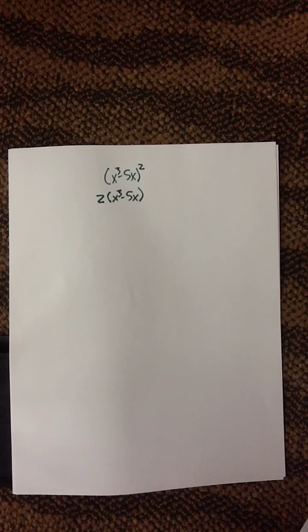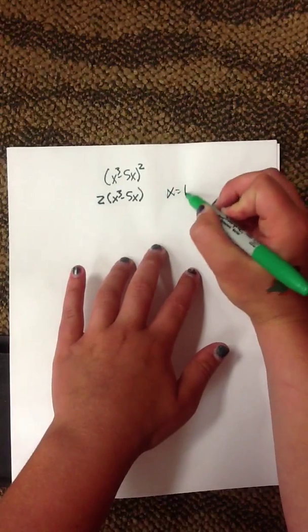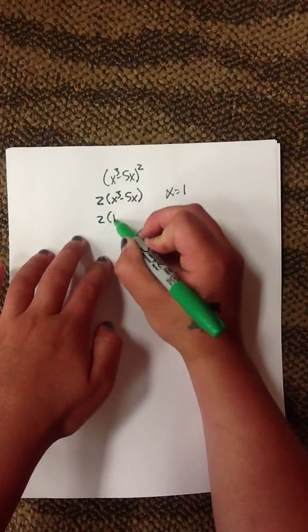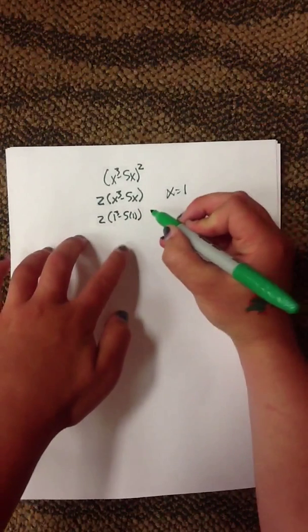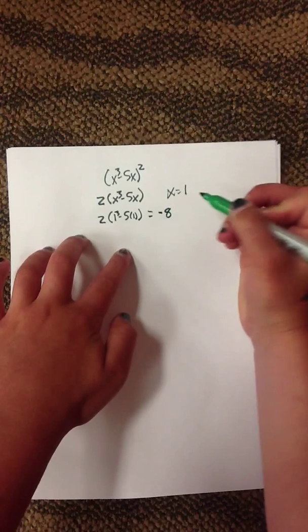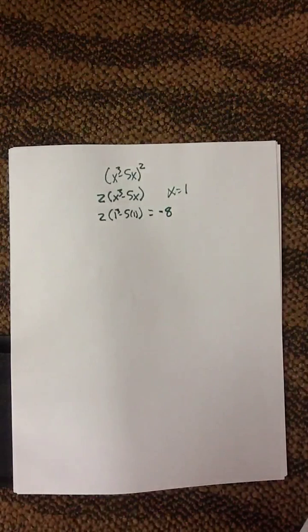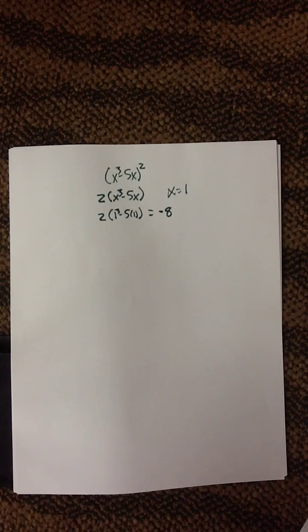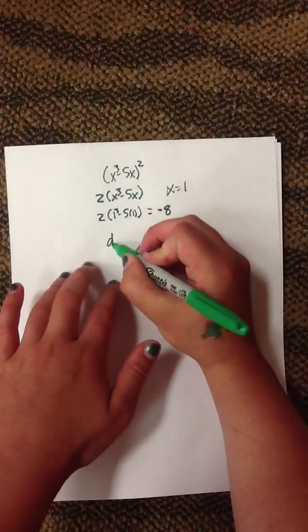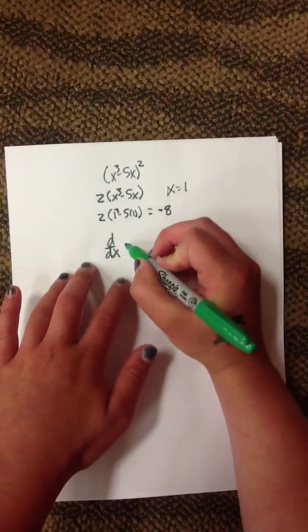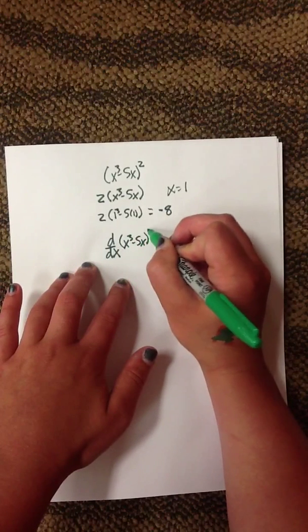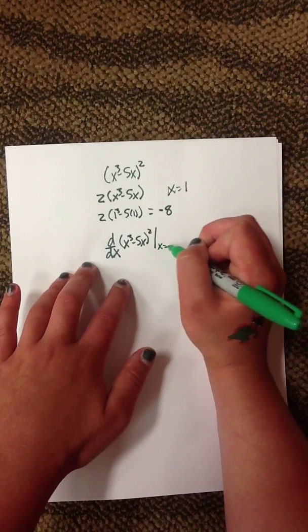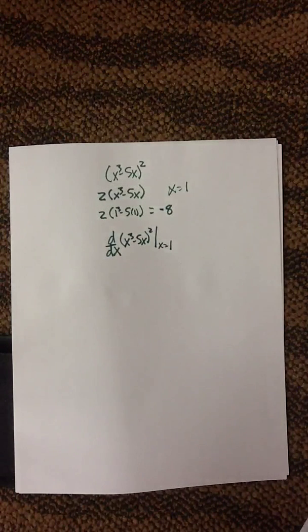Let's check it. So if we make x equal 1, then we get the answer that equals -8. Now let's check this by typing into your calculator that.